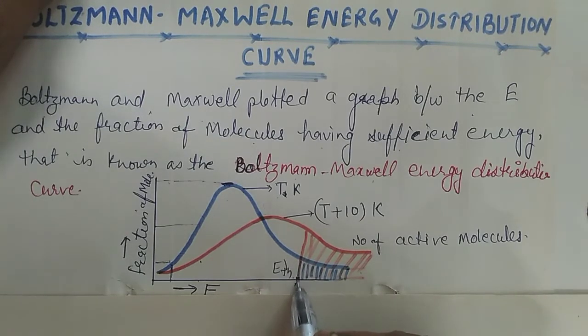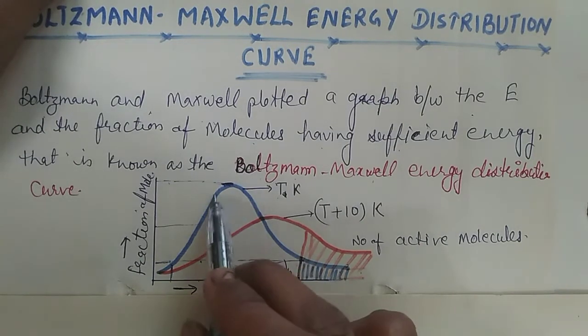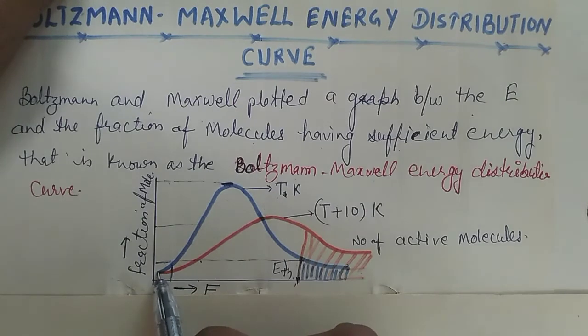It is the minimum energy required to convert reactants into product. So only this small number of molecules can convert into product, because only these molecules have energy equal to or more than the threshold energy, and these other molecules cannot convert into product.